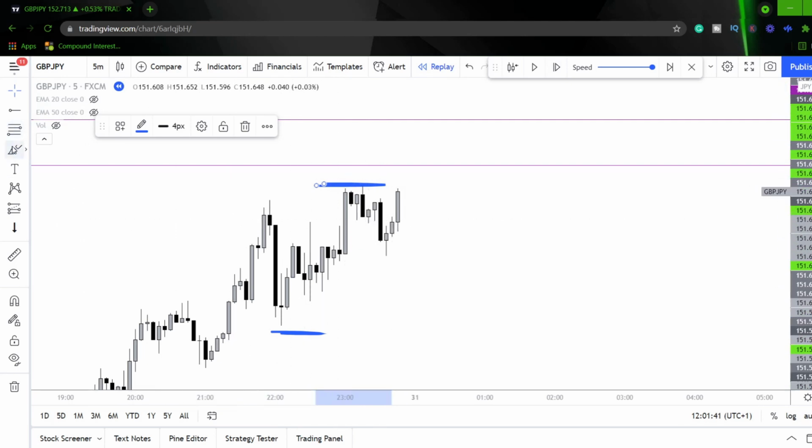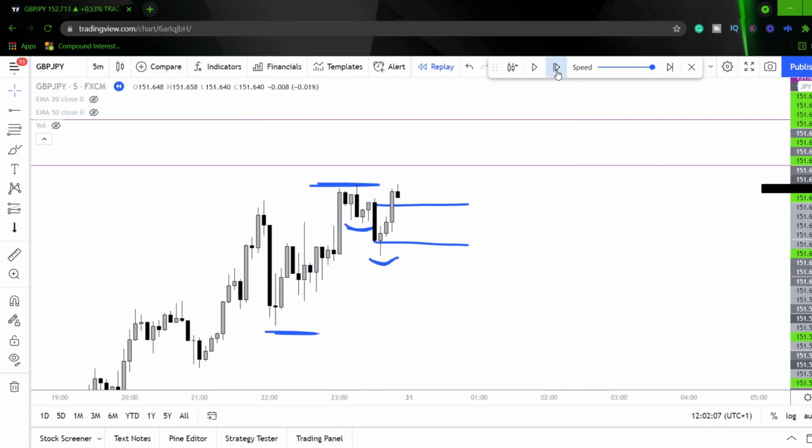So short term, pullback, right? Pulling back, pushing up, people start to buy, place their stop losses. Okay, the liquidity gets ran. Right, we then pull back, push up. Okay, liquidity gets generated.